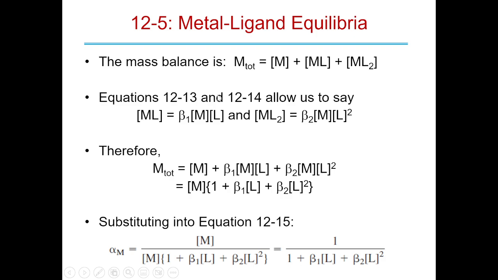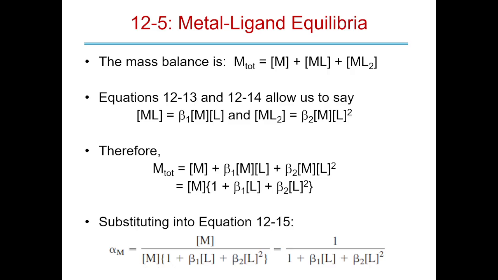If we take equations 12.13 and 12.14, this would allow us to do these equations as well, which is simply substituting these things in, right? So the metal ligand form would be the beta times the metal and ligand concentrations, and so on.